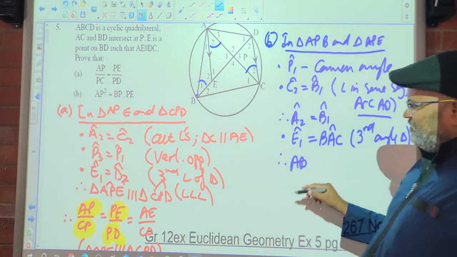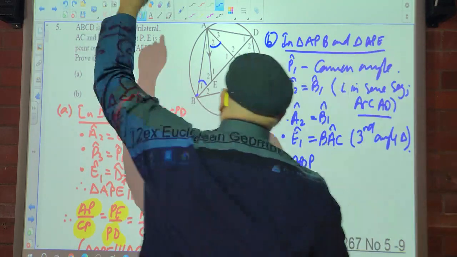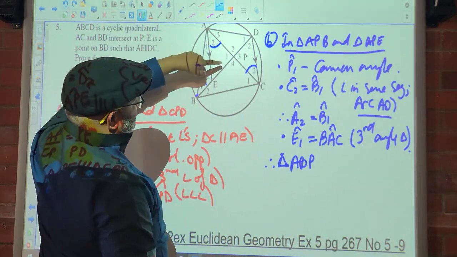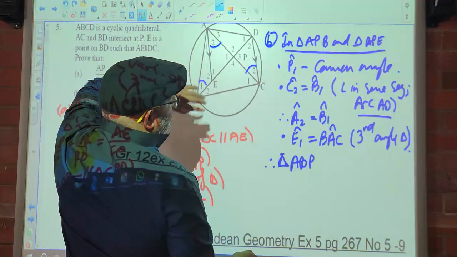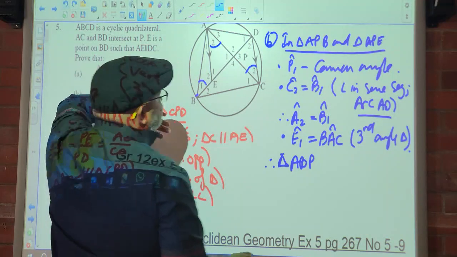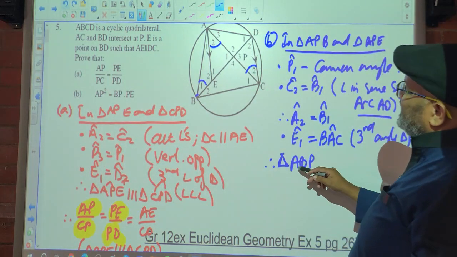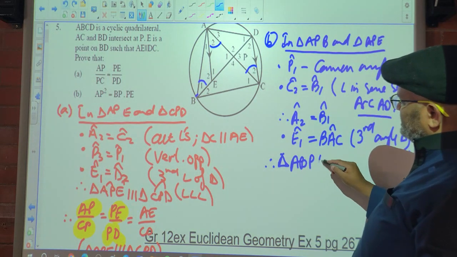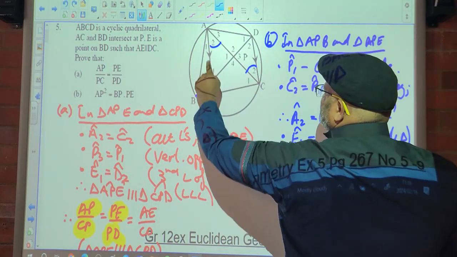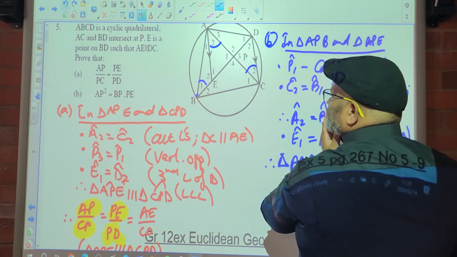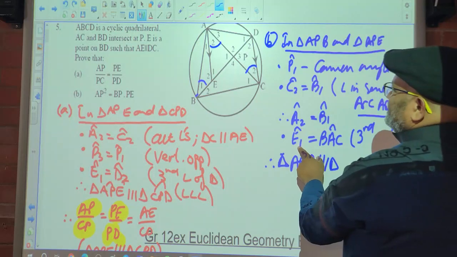So therefore, triangle APB is similar to triangle. Now the smaller triangle, A corresponded with which angle? A corresponded with E1.